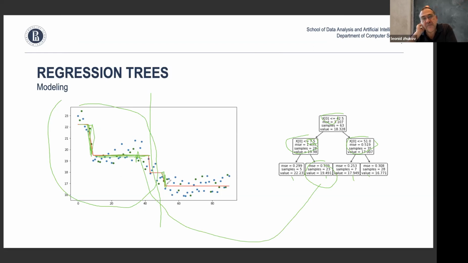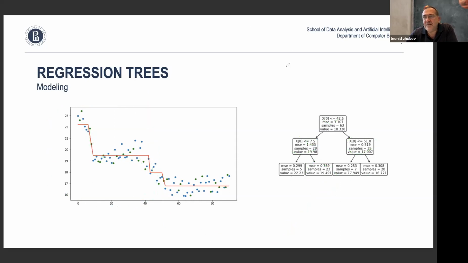But anyway, we can go further, and we can get more and more precision out of this. But remember that having a more flexible model is not always the best. Remember, there are always train and test sets, and you can add flexibility, but you can memorize the data and screw up your test set.